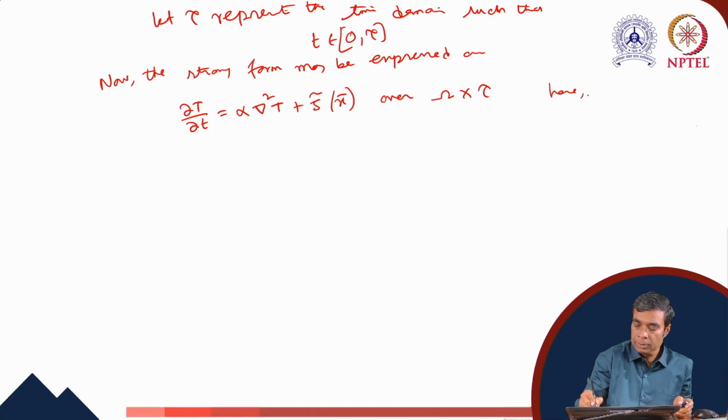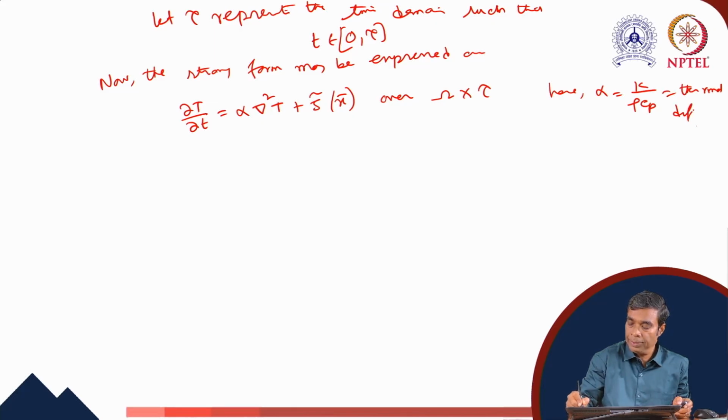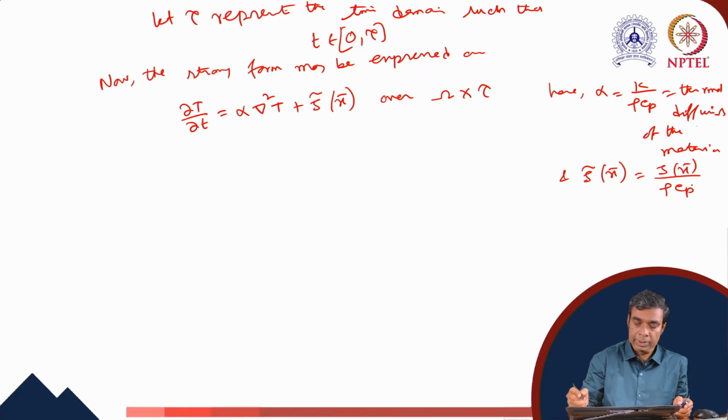Here alpha equals k by rho Cp equals the thermal diffusivity of the material, and S tilde x bar equals S x bar divided by rho Cp.